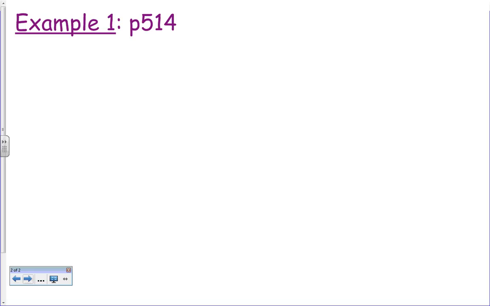All right, so let's take a look at how to solve this problem. We're going to start out, like I said, with a sketch, just like we did in Chapter 8. So let's say that this is our beach down here at the bottom, and this is you out in the water right here, and this is your towel down here on the beach.